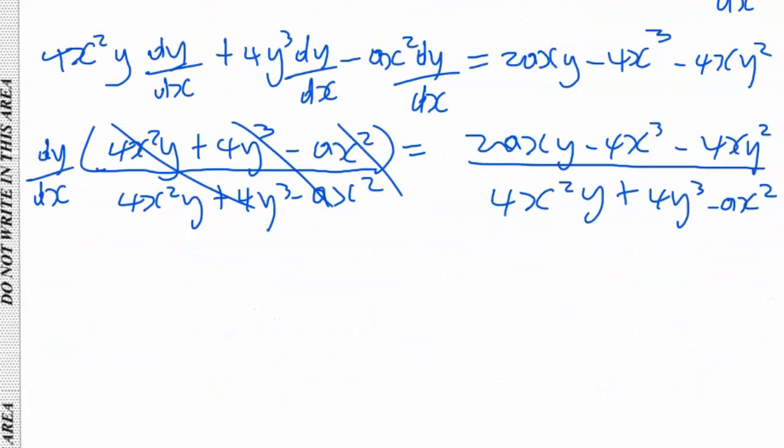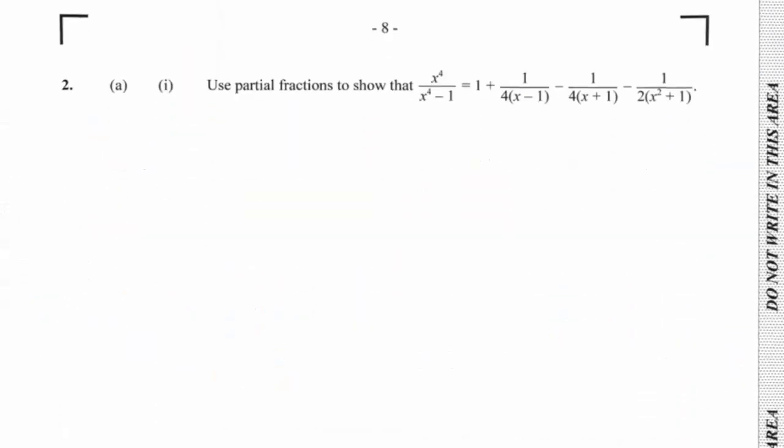Let's move on. So now we're at question 2. Before, this is a partial fraction question. Now before we look at question 2, it's very important to know that the denominator here on the left hand side, x to the 4th power minus 1, we can write as a difference of squares.